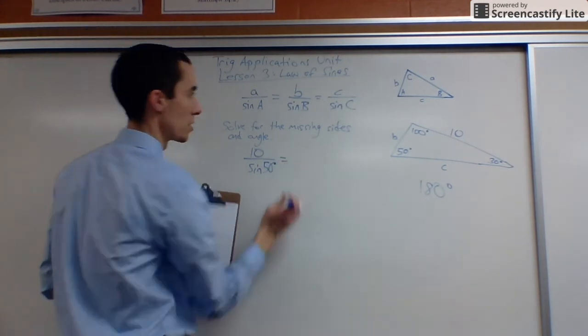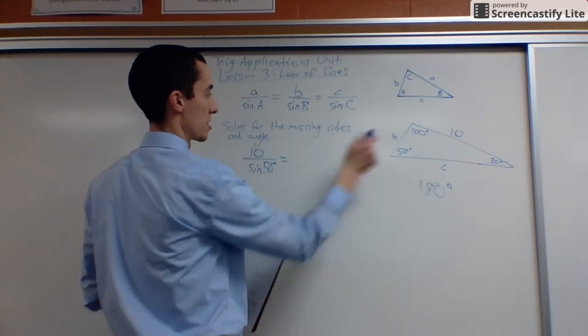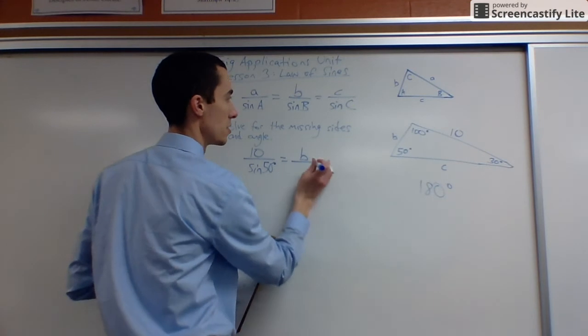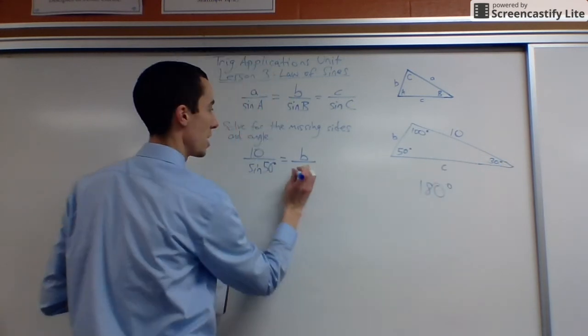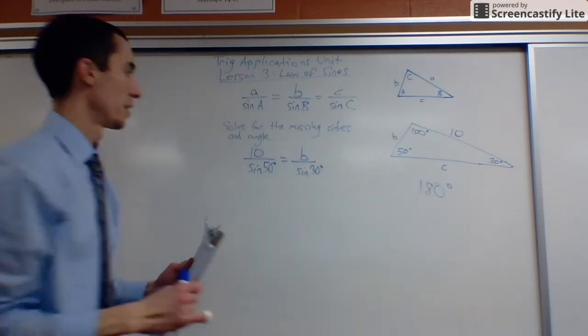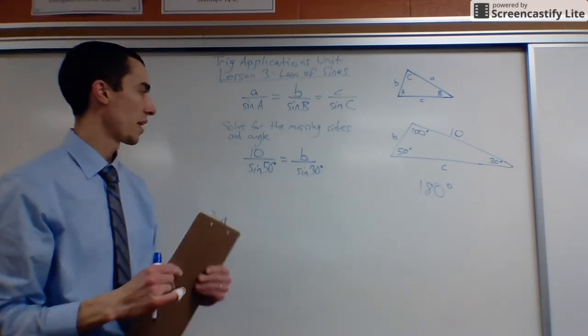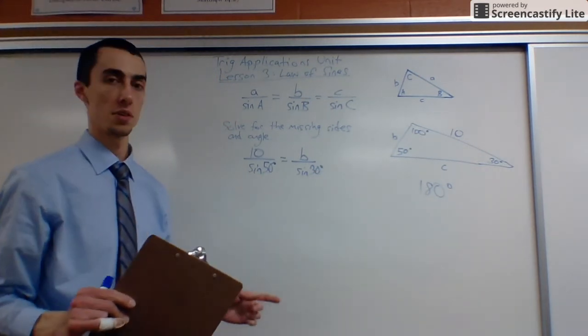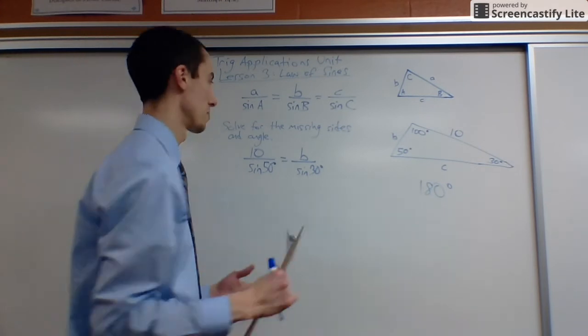And that's going to equal the ratio of a side to the sine of the angle across from it. Now what we need to do is find out what the sine of 50 and the sine of 30 are. Then we can cross multiply.